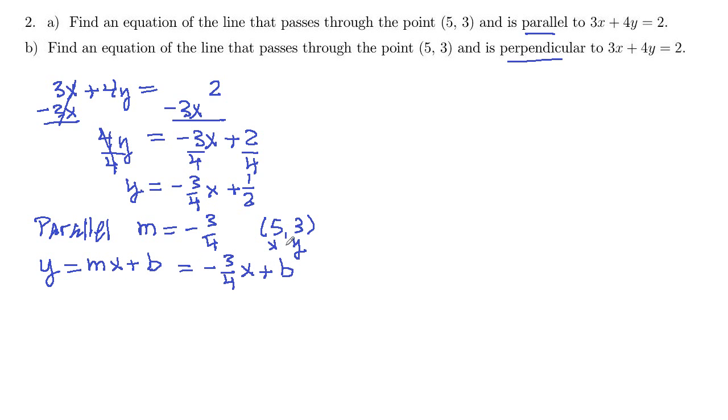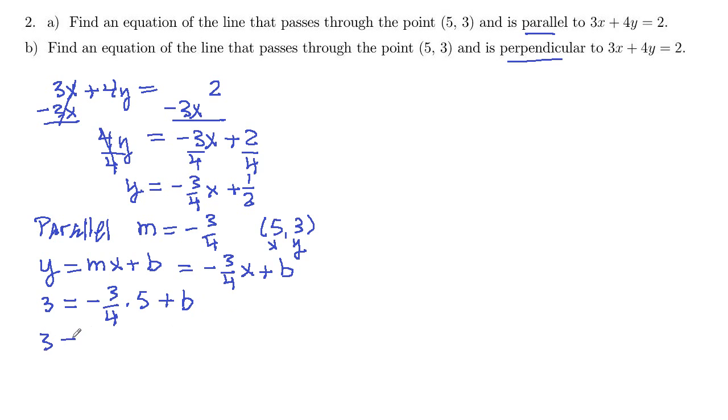And then we can plug our x, y, 5 comma 3, plug our point in and solve for b because we know that point's on the line, so it has to work in the equation. So 3 is y out here, and that's got to equal negative 3/4 times our x coordinate of 5 plus b.